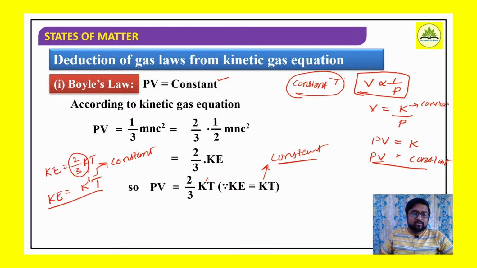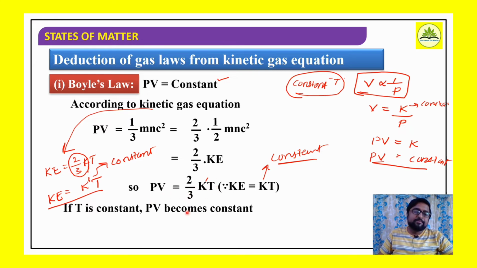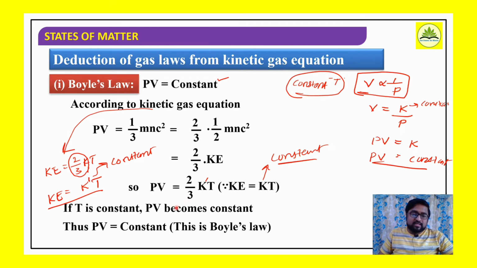So PV is equal to 2 by 3 KE, which we write as K prime T, in accordance with the kinetic gas expression itself. Here the 2 by 3 value is constant and K prime is also constant, and in specifying Boyle's law we say at a constant temperature. So if temperature is constant, the whole product 2 by 3 K prime into T becomes constant. Thus PV is equal to constant.